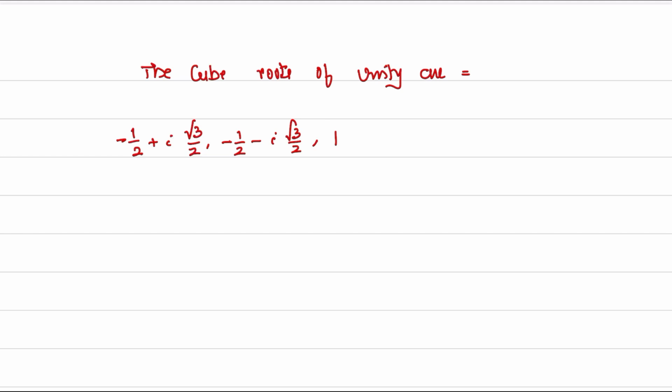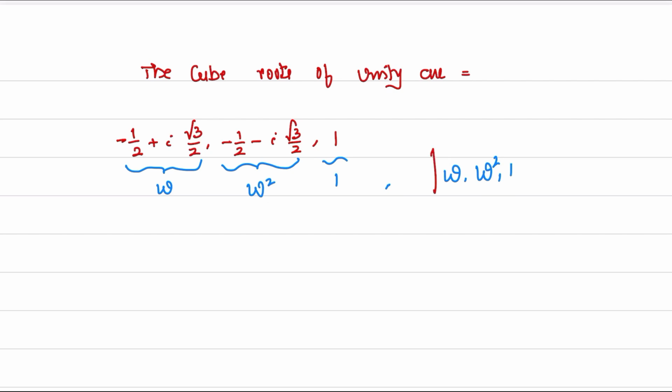Where this value usually is called omega, this value is omega square, and this value is 1. Omega, omega square and 1 are the three roots of unity, where omega has this definition.